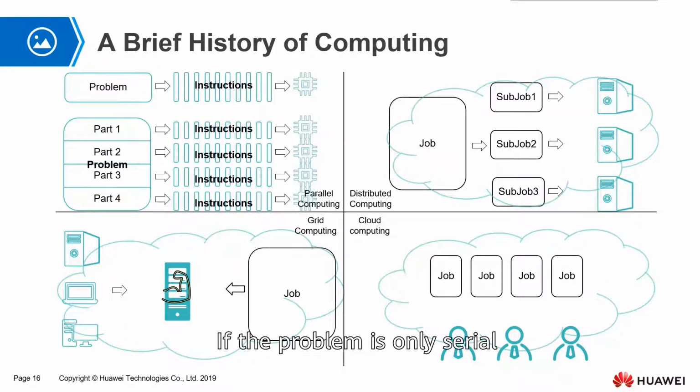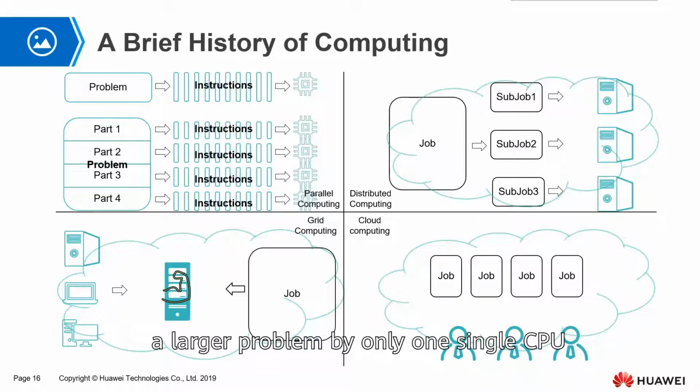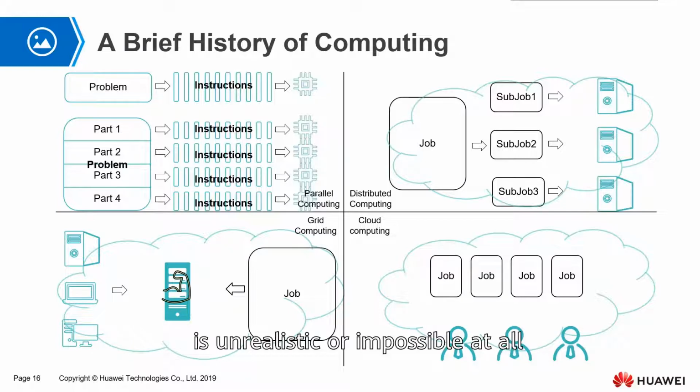If the problem is only serial and too complicated, the processing time will be very long. Solving a large problem with only a single CPU, especially when the computer memory is limited, is unrealistic or impossible. Therefore, parallel computing has been developed.